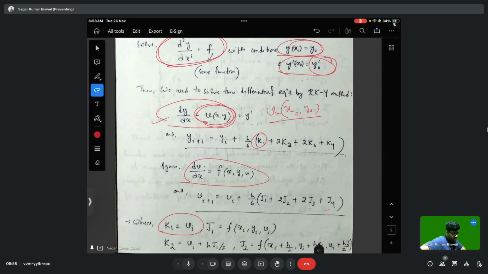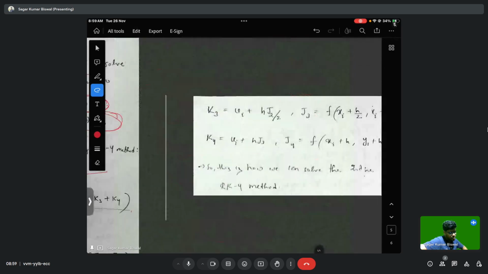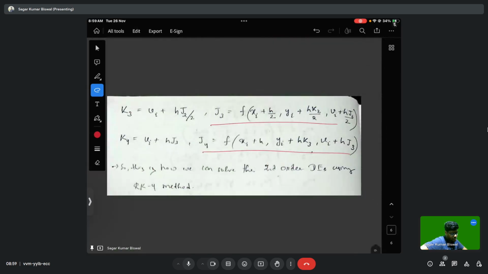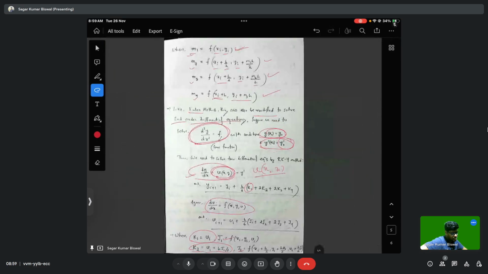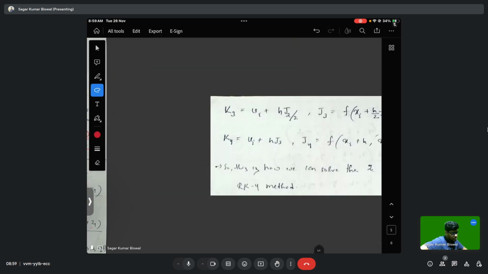Then this k2 will be equal to ui plus h j1 by 2. This is the j1 value, j2 value, and then it will be like this.